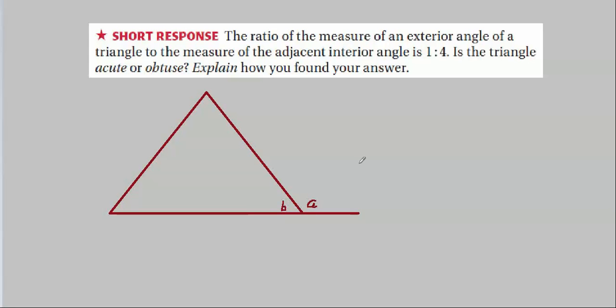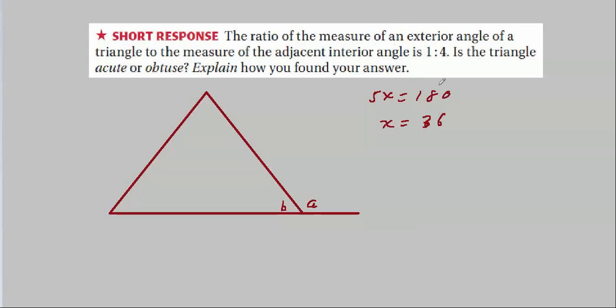So we just have to find a multiplier that makes these two add up to 180. That's pretty easy, really. 1x plus 4x is 5x equals 180. Or, what do we have for x? So we have to multiply by 36. Remember, this is the measure of the exterior angle to the interior angle.